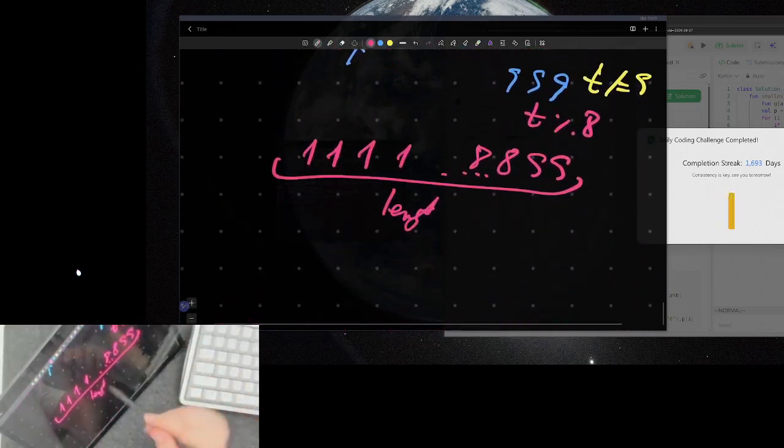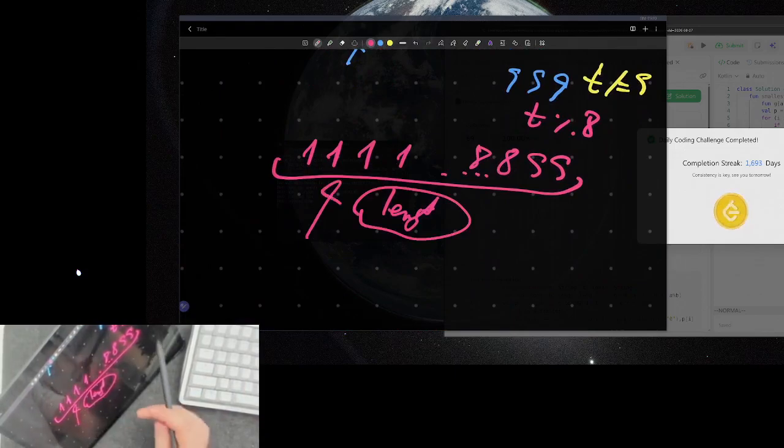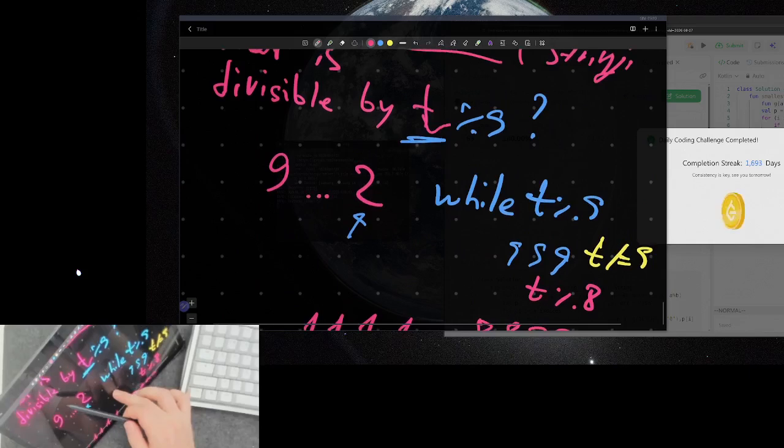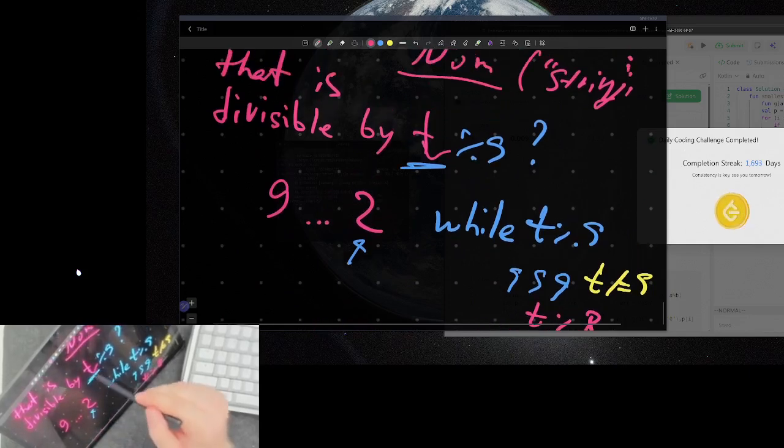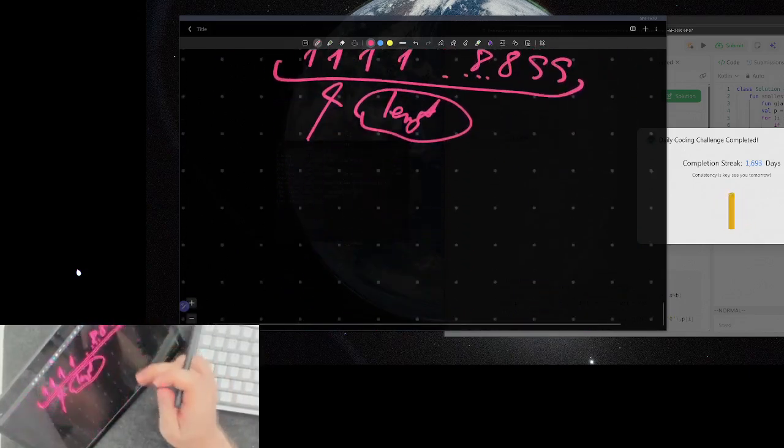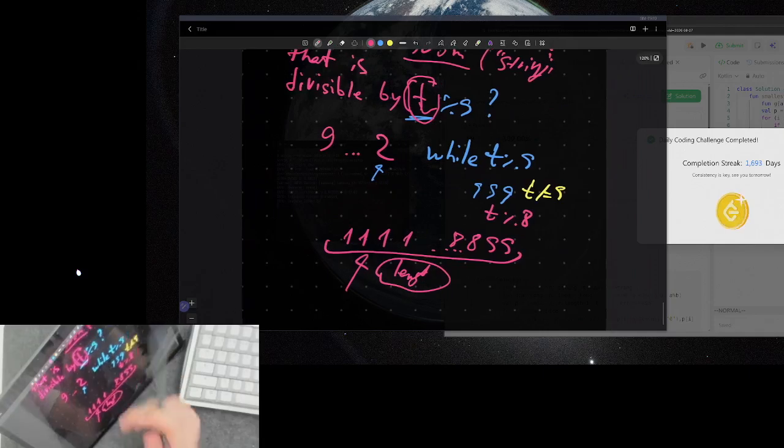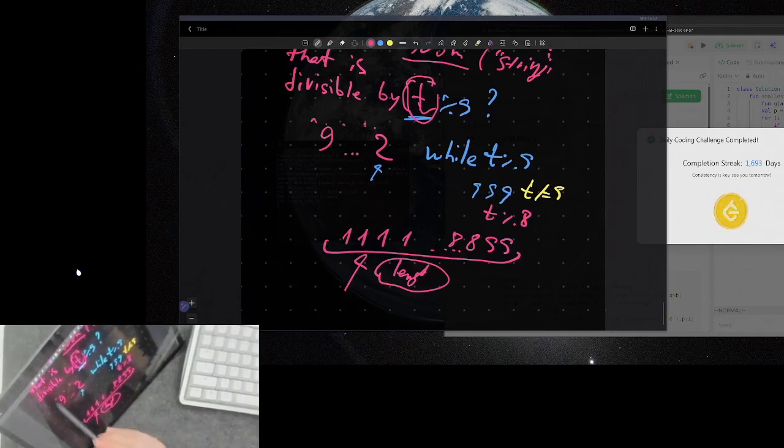So we have the length, and we either do a padding or we drop in this number if it is bigger. And by the way, we can suddenly have this t as a prime, and it wouldn't be divisible by any of these, 2 up to 9.